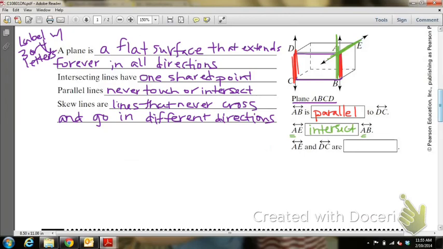Picture's getting crowded here, but AE now and DC, those are going to be skew, because those go in different directions and they're never going to touch each other. Okay, so pause the video and fill all that in before moving on to some examples.